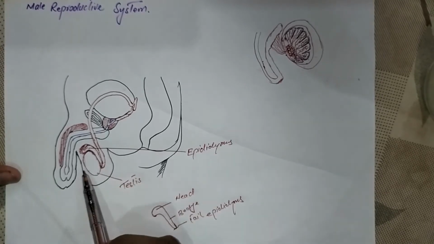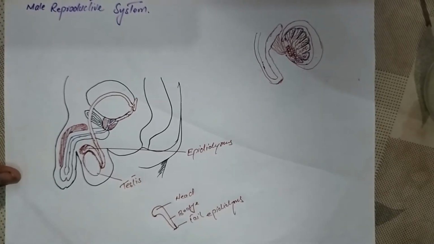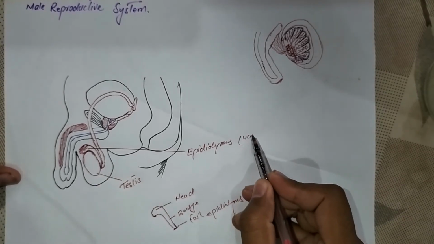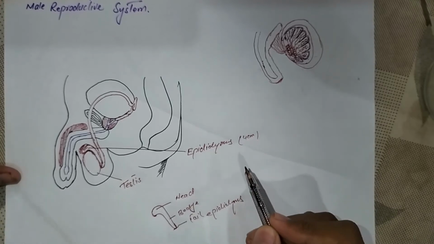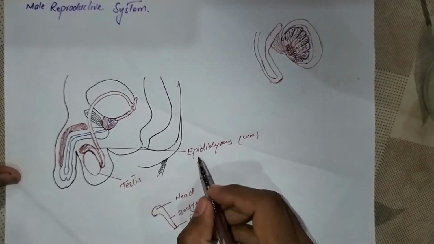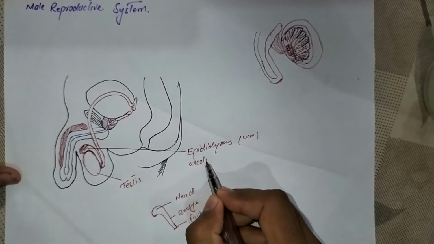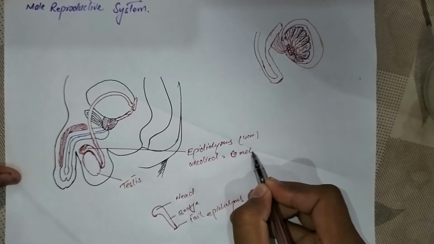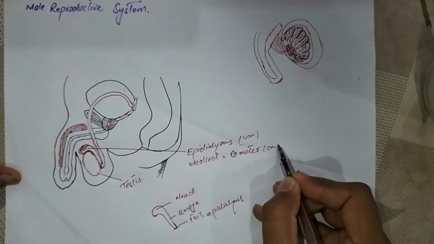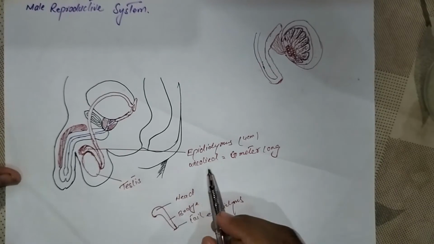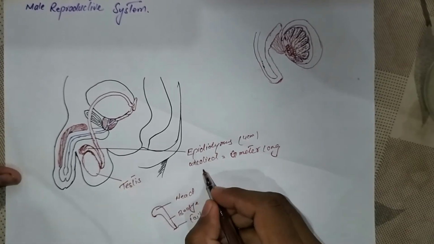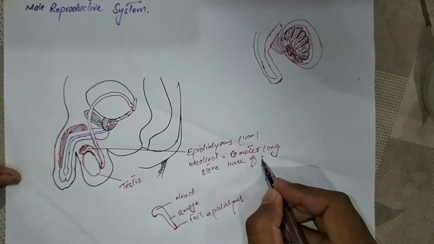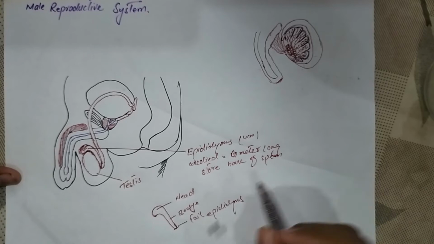I have to tell you that the epididymis is about 4 centimeters long, and when it is uncoiled, it is about 6 meters long, and it is the storehouse of the sperm.